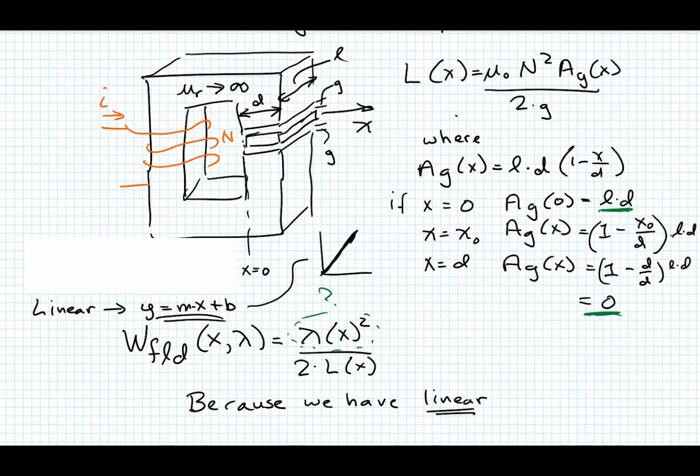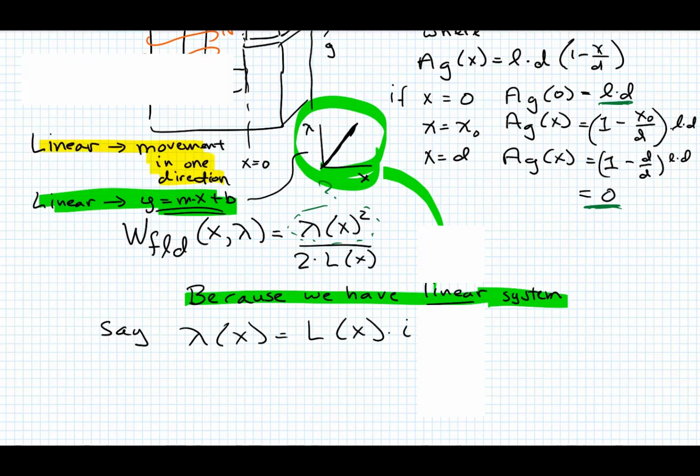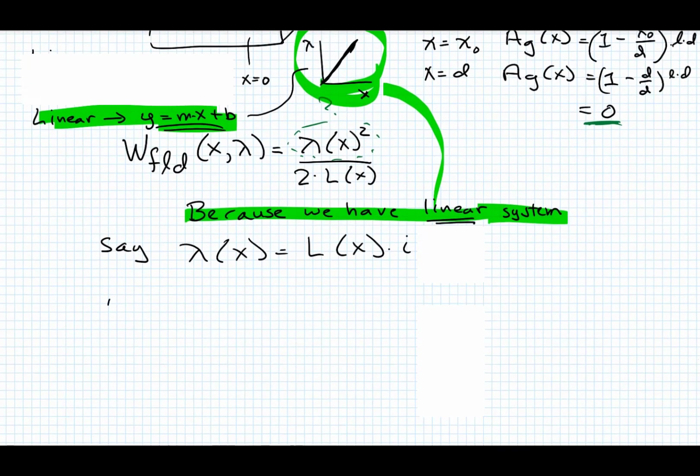So if I were going to say this is lambda and that's x, well, I have a linear relationship between lambda and x. So because of that, we can say that lambda of x equals L of x times I. And now we can plug that into this force expression.